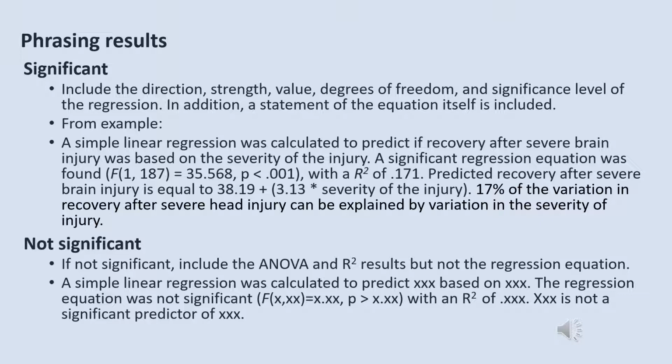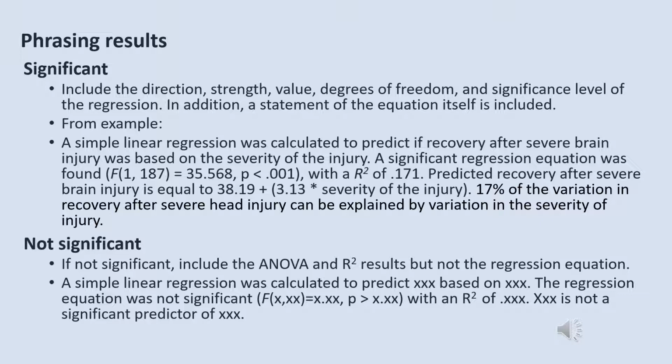A simple linear regression was calculated to predict recovery after severe brain injury based on the severity of injury. A significant regression equation was found, and then you put your equation in there, and you make sure that you include your p-value, your F statistic, your degrees of freedom, with an R squared of 0.171, which is what you're going to use to describe the variation in the recovery.